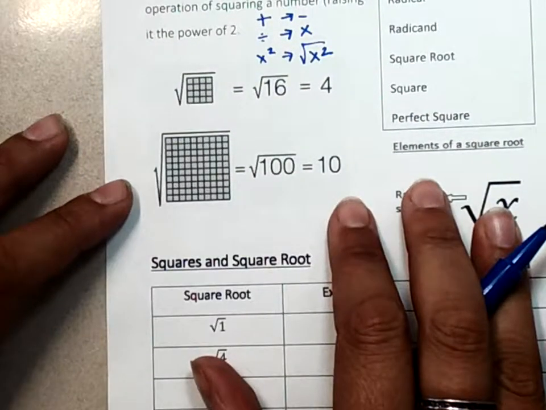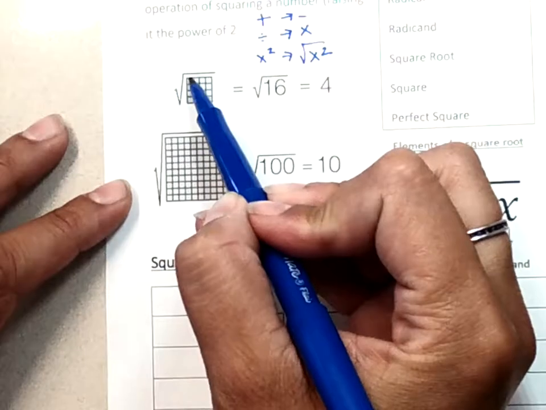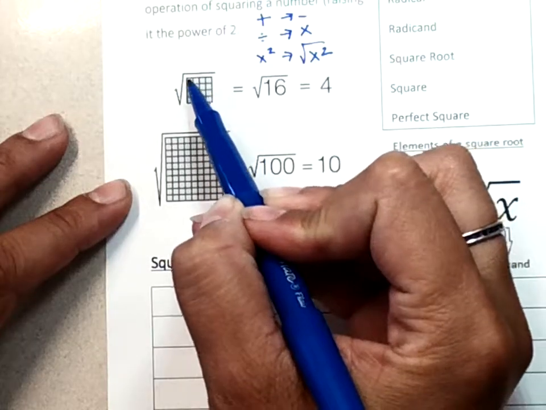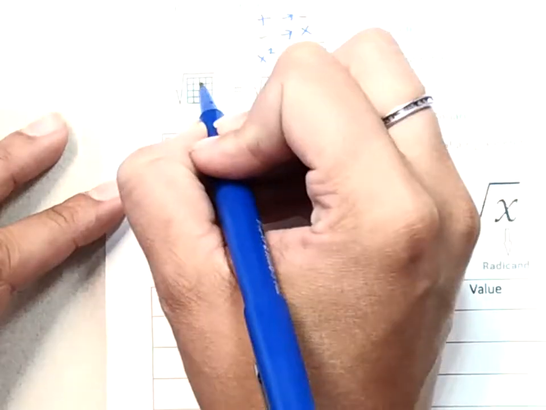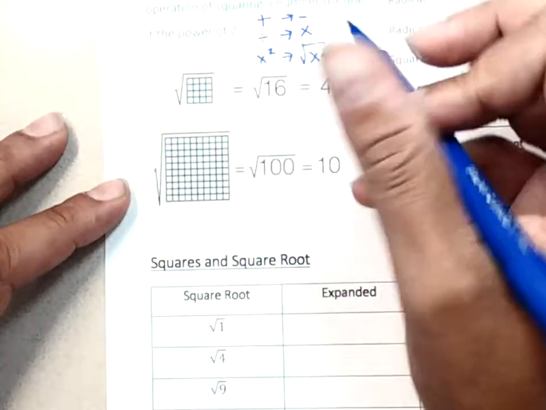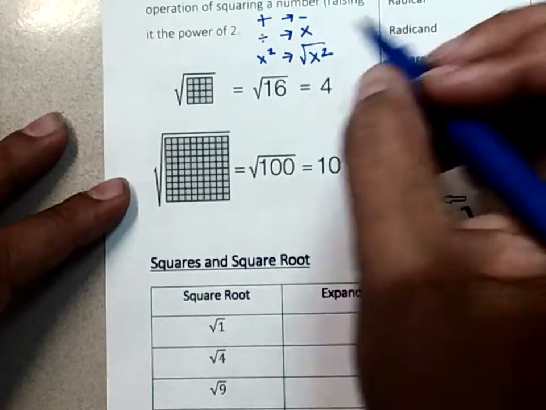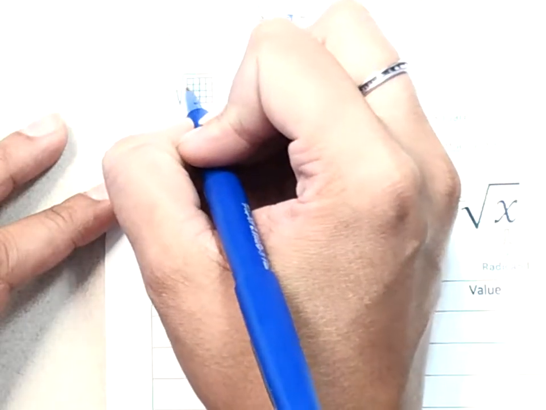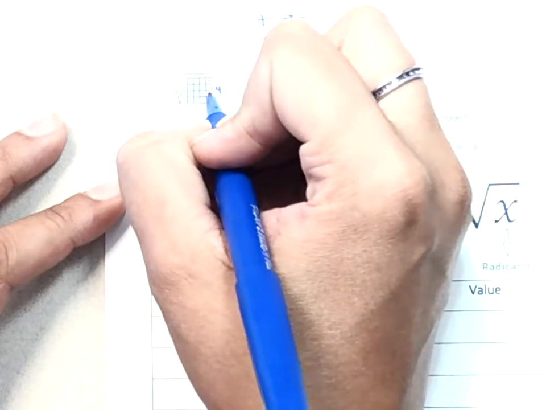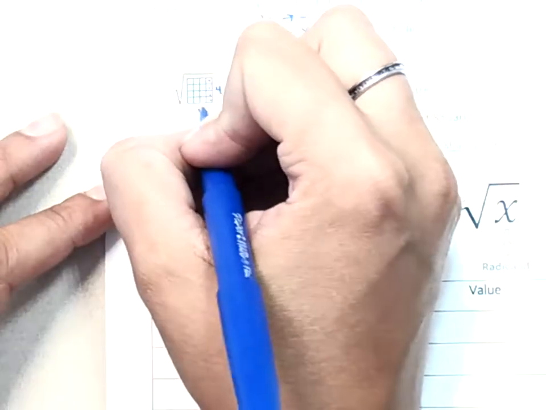Below, you're going to see an area model that shows you in a picture how the square root of 16 is equal to 4. So you're going to notice that there are 16 boxes here, and on this side there are 4 boxes by 4 boxes.